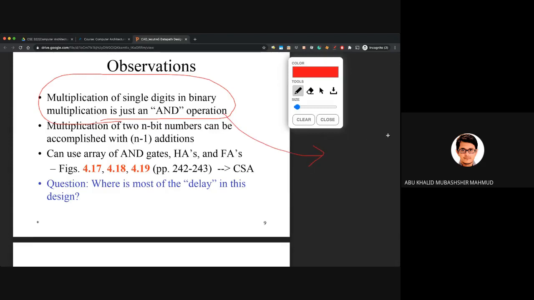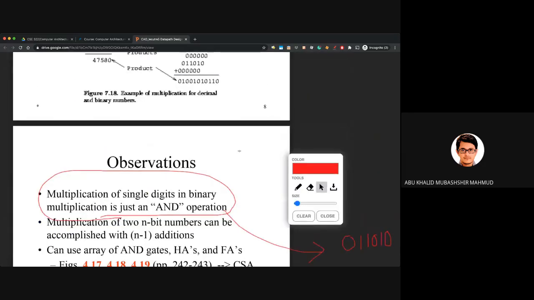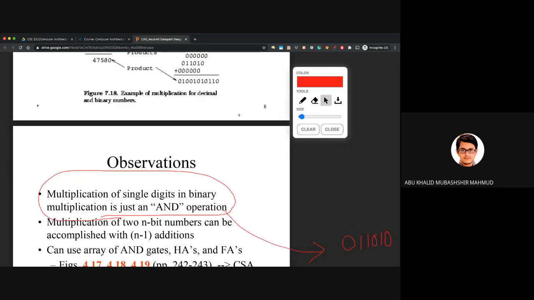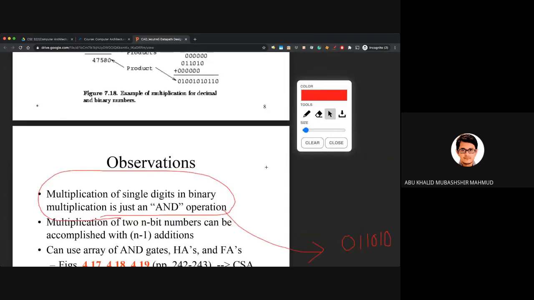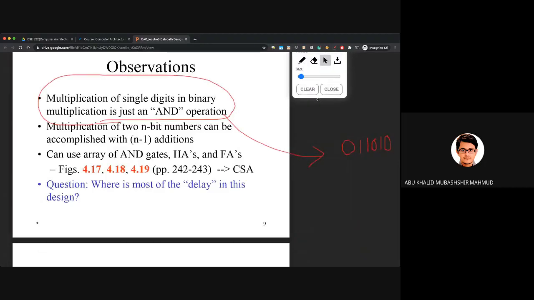So we were representing 0, 1, 0, 1, 1, 0, the previous number that we have gone through. When we multiply it by, say for example, 1, we are performing an AND operation with every bit of the multiplicand.